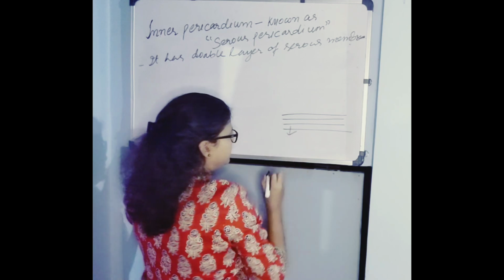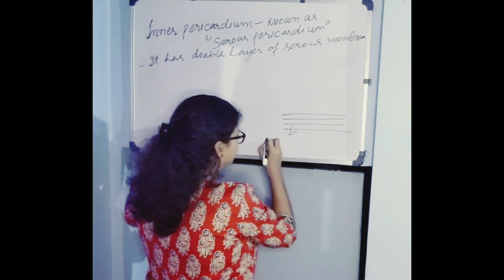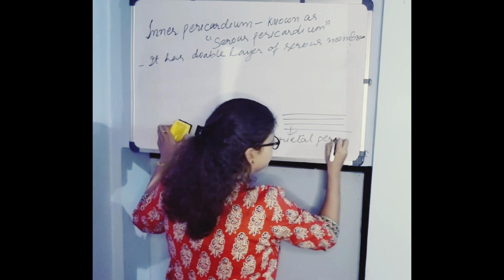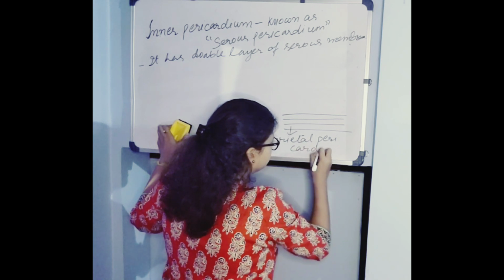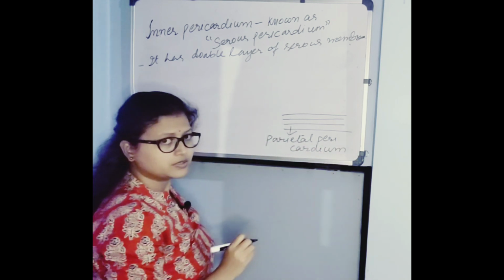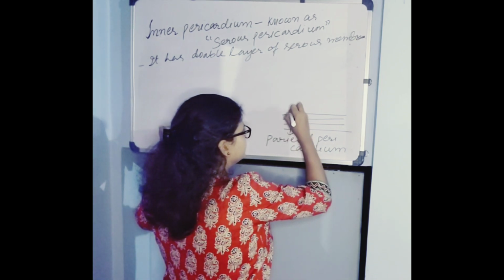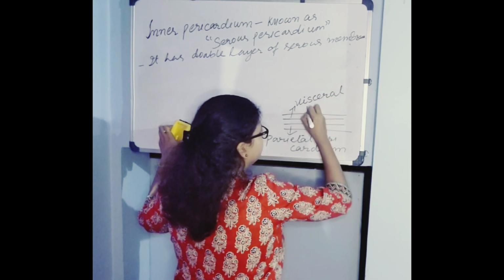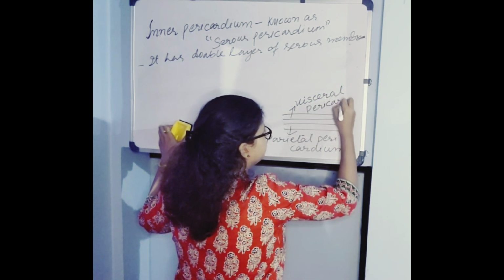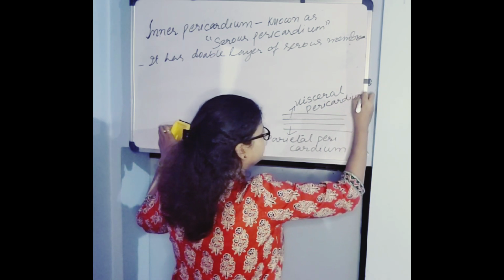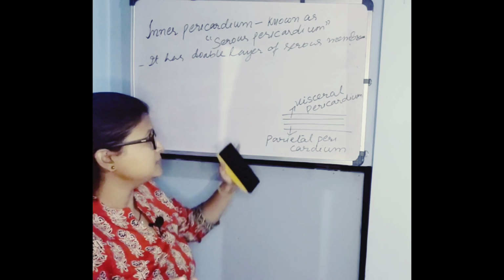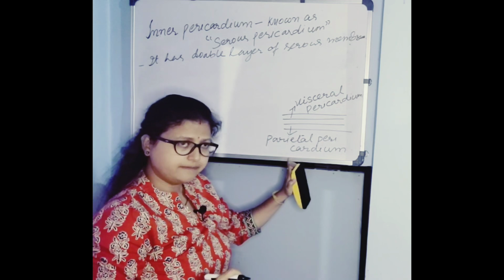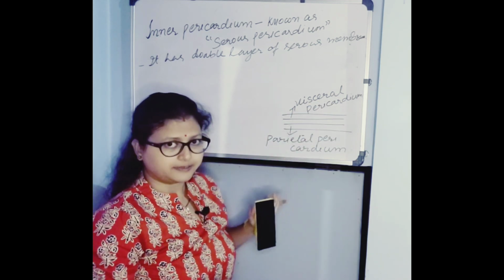The outer layer of the serous membrane is known as the parietal pericardium, and the inner layer is known as the visceral pericardium.